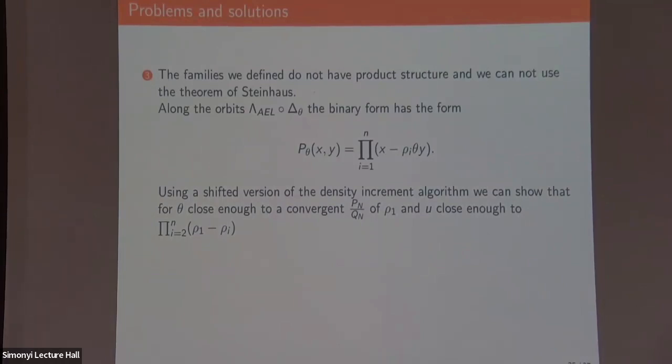And it's another version of the structure theorem to prove the following: if theta is very close to a convergent, just like before, Pn over Qn, and u is very close to this product right here, this product would essentially be theta equal to 1, and we forget about the x and the y.